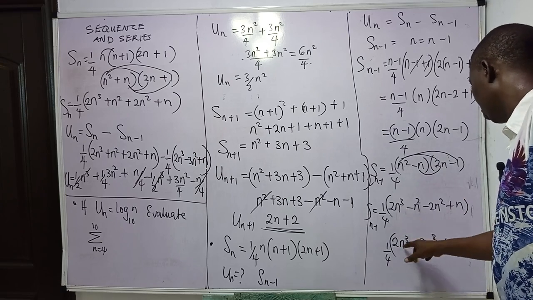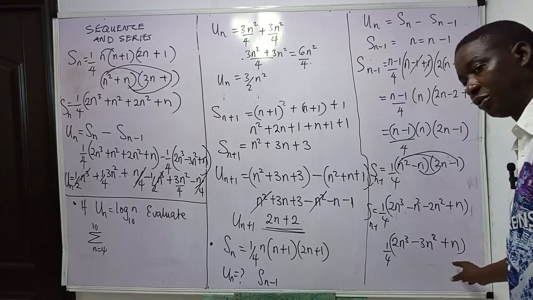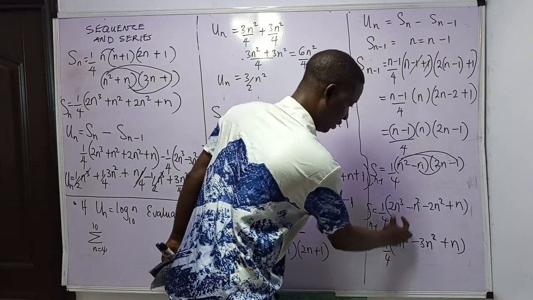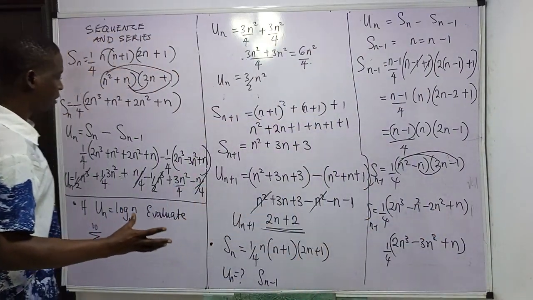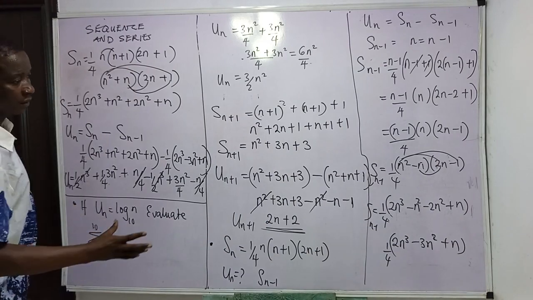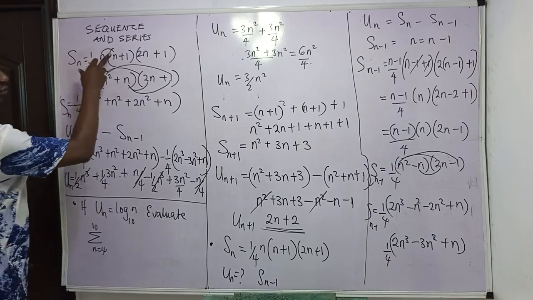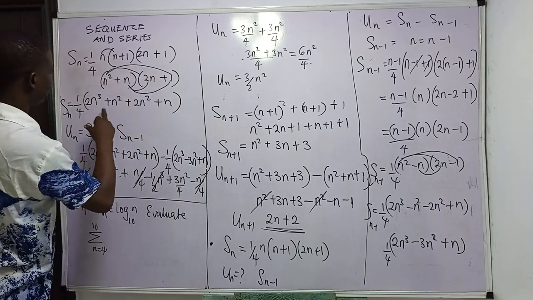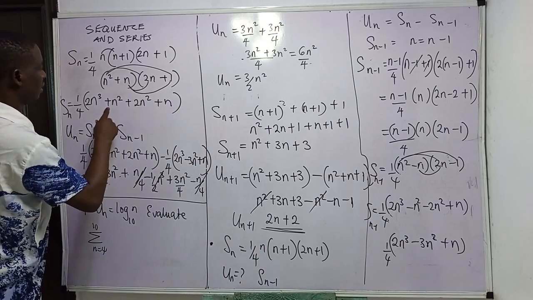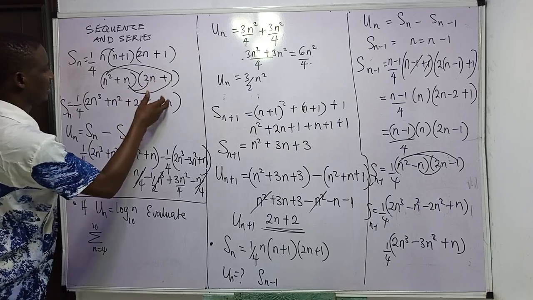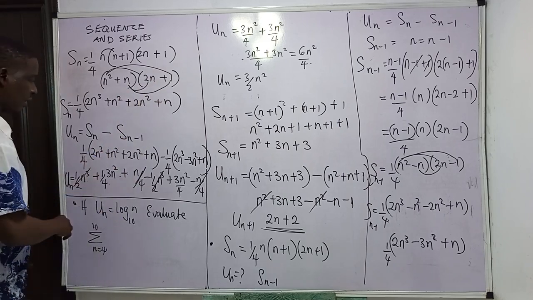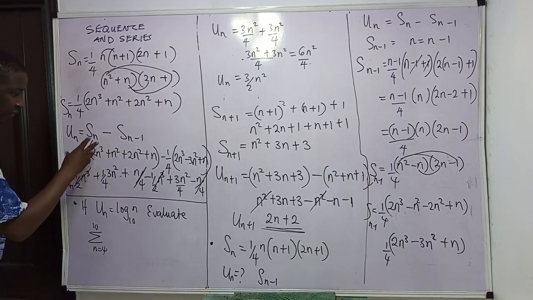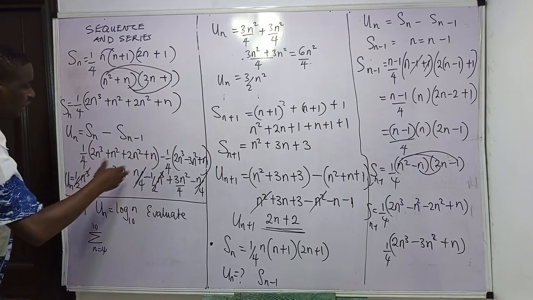So drop this one down, drop this one down, drop this one down. Correct? So this one is correct now. So we need to solve that correctly. Then we'll use our formula, break this one also down: n squared plus n, then 2n cubed, n squared, 2n squared, n. Excellent. Perfectly correct.